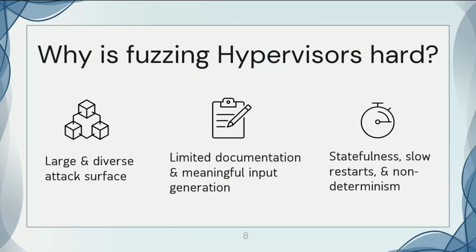So if a fuzzer does find a crash, it usually takes a lot of time to get the system running again. Additionally, initialization code may hide bugs, and hardware acceleration can introduce non-deterministic behavior, which makes it difficult to trace back what input caused a vulnerability if you can't replicate that again.